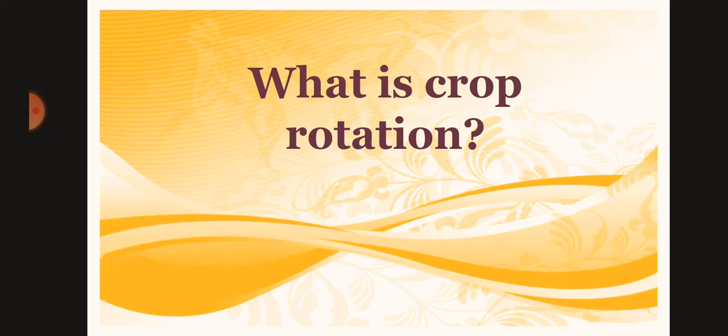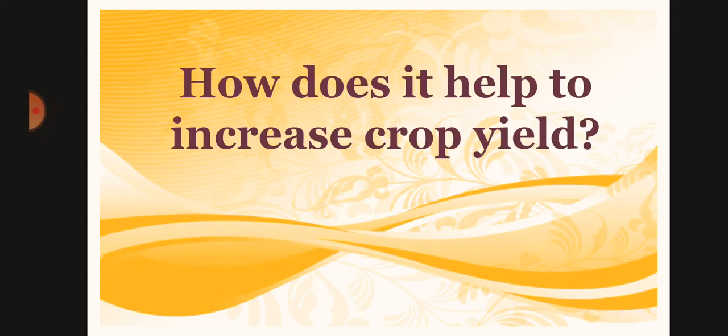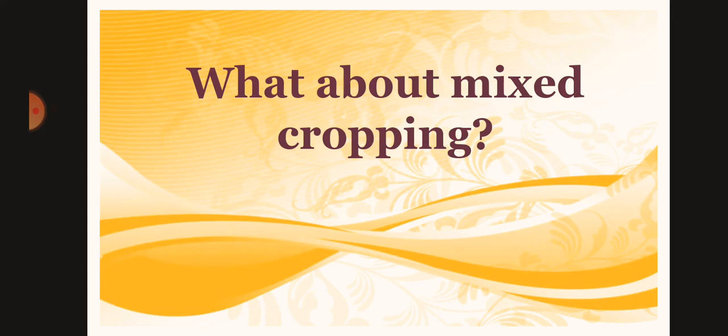Then, what is mixed cropping? Mixed cropping is an organic method of farming in which different crops are planted in a field at the same time. Nitrogen provides necessary nutrients to plants to produce proteins.